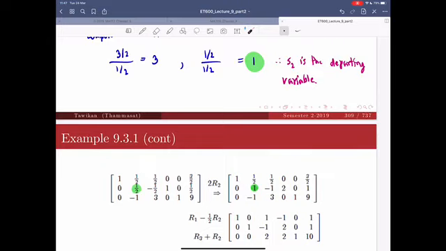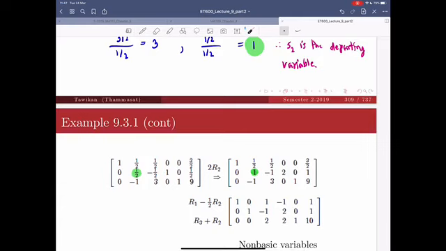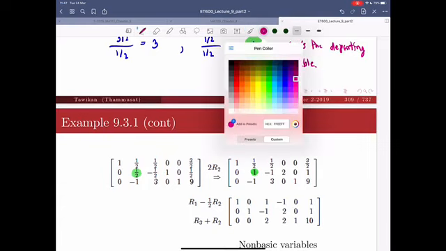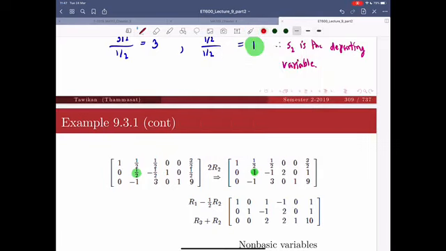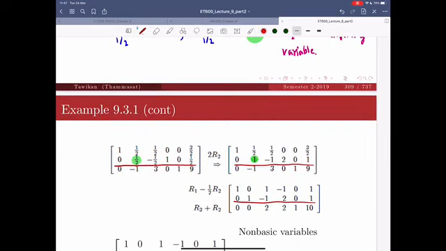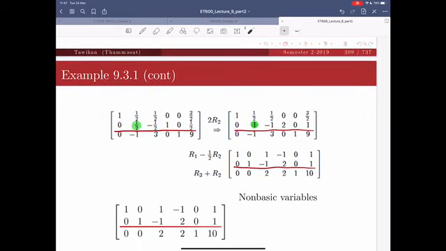I get that matrix. If you want to put a straight line to separate your constraints and the objective function, that's fine, or you can keep it without the line. After performing 3 elementary row operations altogether, I obtain this current Simplex tableau.